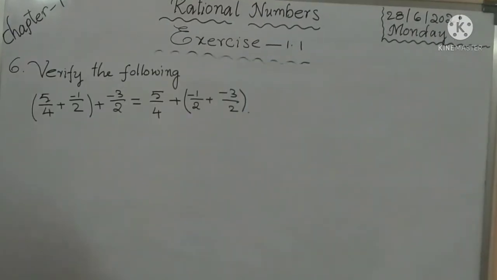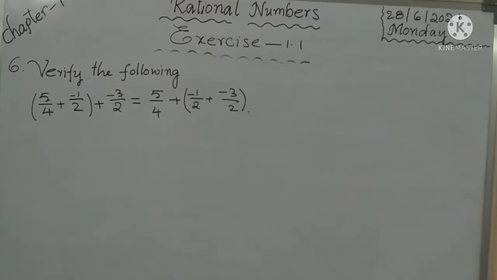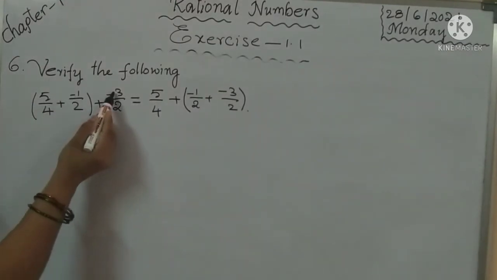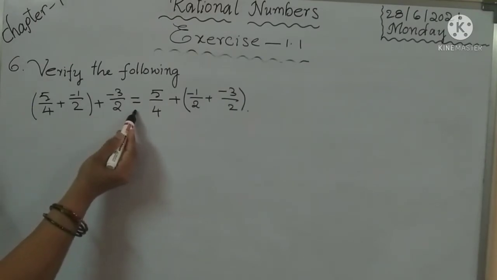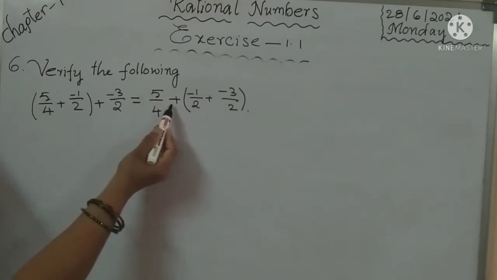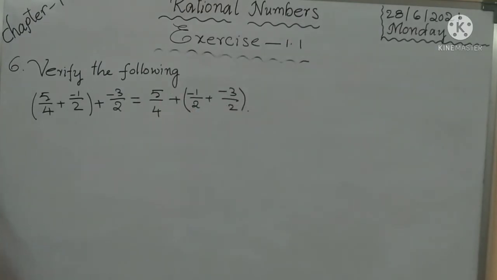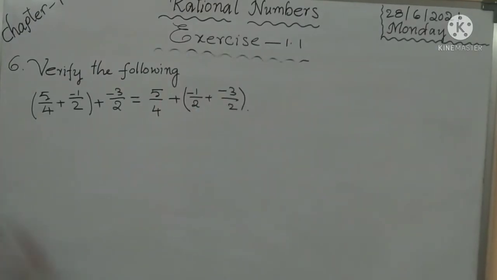Next, sixth question. Verify the following: 5 by 4 plus minus 1 by 2 plus minus 3 by 2 is equal to 5 by 4 plus minus 1 by 2 plus minus 3 by 2. So here observe that verify the following. It is equal to, both the sides values are equal or not, and which type of property.